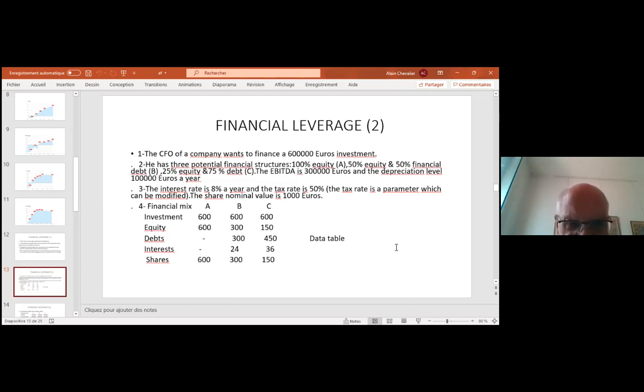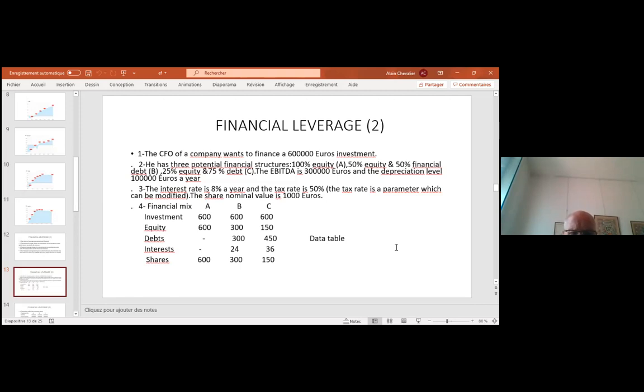Second line here, you have the equity, and you understand that the equity, which is used for 100% of the investment in case A, is equal to 600.